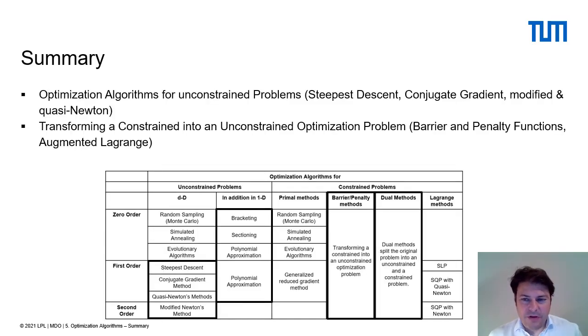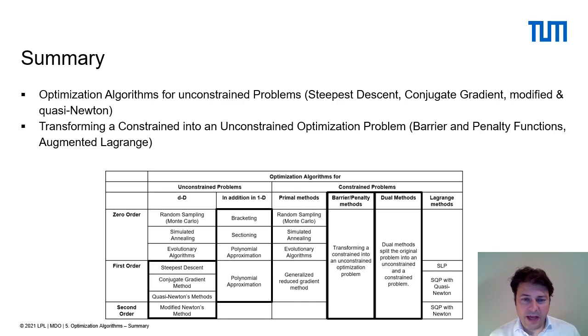So let me briefly summarize what we talked about today. Today we talked about the treatment of unconstrained problems, in particular first order and second order methods. That means they rely on gradients or second order derivatives. In particular, we talked about the steepest descent method, which is the most intuitive way to use a gradient-based method. Then the first method to treat zigzagging that you encounter when you only use steepest gradient methods.